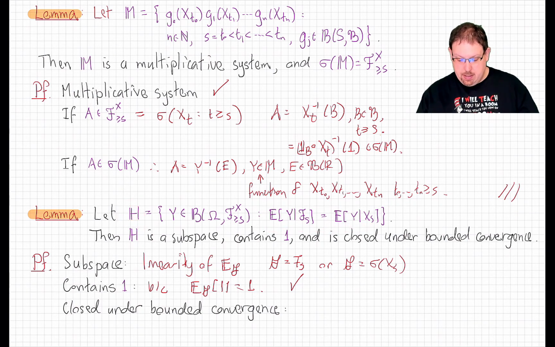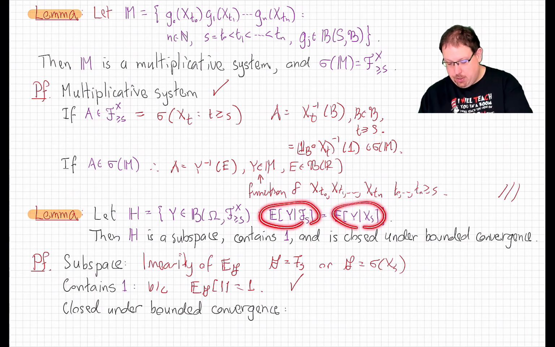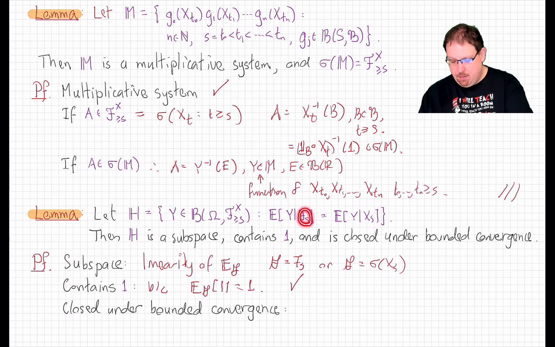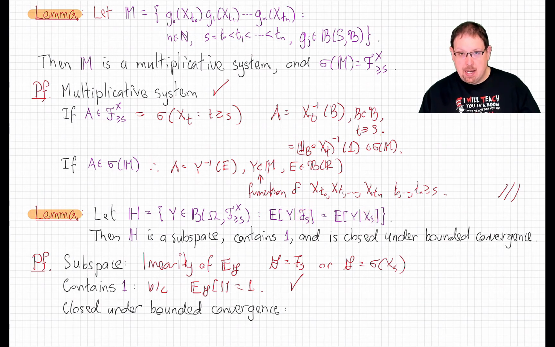In other words, we need to see that if Y_n converges to Y boundedly, and Y_n is in H, then Y will also be in H. Well, if Y_n is in H, that means that this equality holds for each term in that sequence. And Y_n converges to Y pointwise and boundedly, we'd like to see that we get equality here as well. If we didn't have conditioning here, this would just be an immediate application of the dominated convergence theorem.